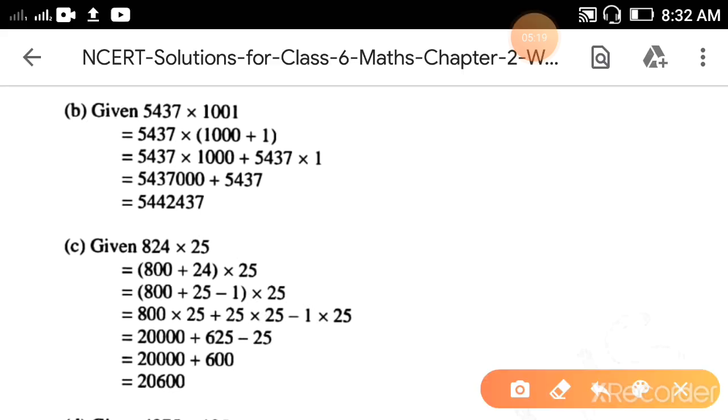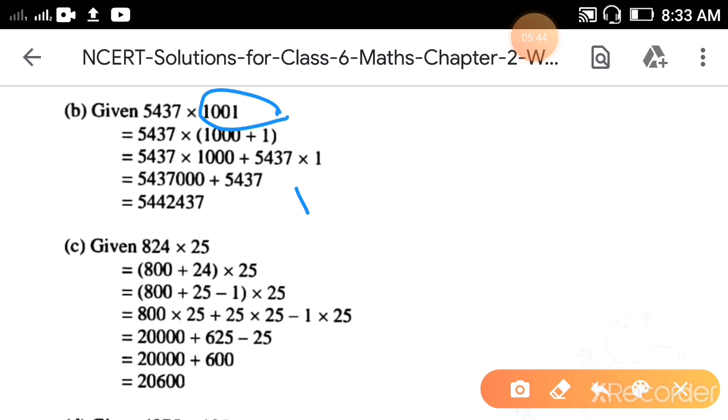B, same, instead of 101, 1001 is given. First make the number: here 1001, instead of that number you can write 1000 plus 1, rearranging the number. Okay, 1000 plus 1 is also equal to 1001.